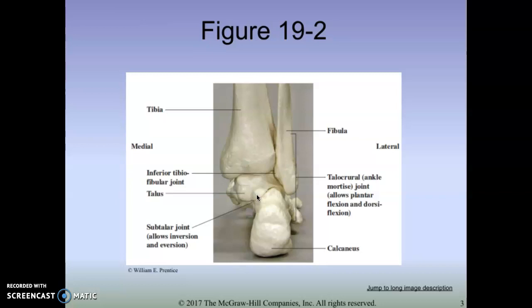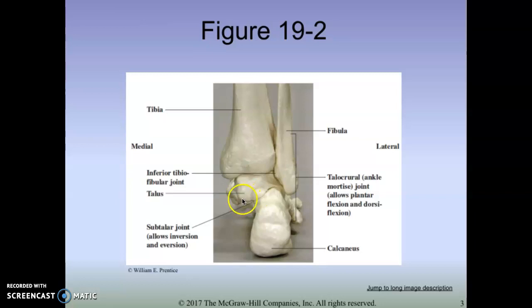That is because the medial malleolus doesn't come down as far, which leaves space for that foot to roll in. When that happens, we end up injuring the outside ligaments of the ankle. So the foot rolls in, that's inversion, and the outside lateral ankle ligaments are injured. Plantar flexion and inversion is the most common way to injure the ankle.